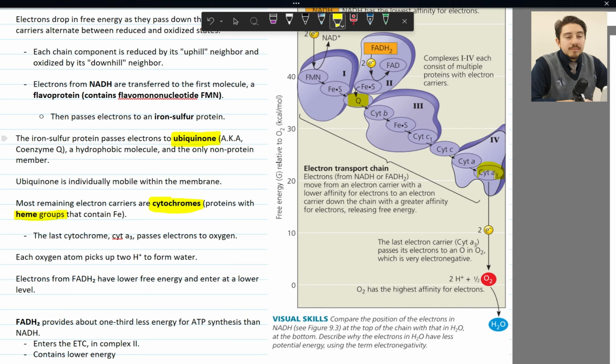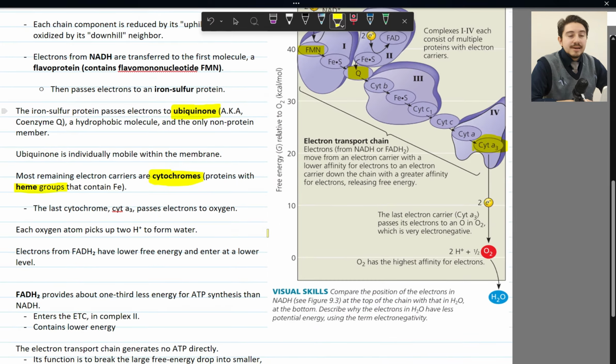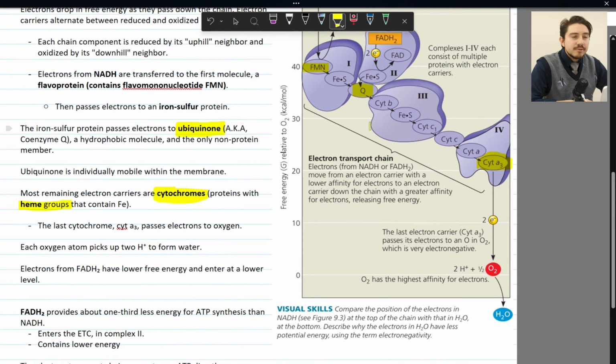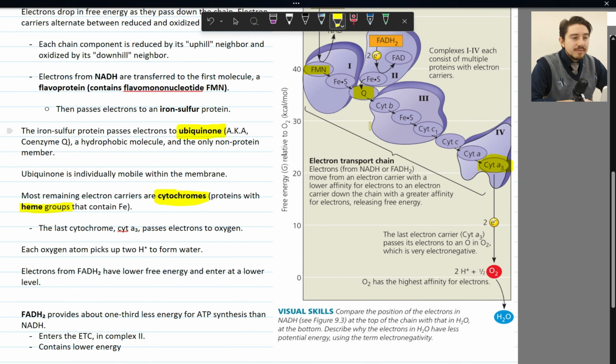Ultimately, and this is probably one that you need to remember, if you're an AP student, you don't need to memorize every single detail here. Maybe just the beginning, ubiquinone, and cytochrome A3, which is the last carrier before passing electrons down to oxygen. Each of them has distinguishing characteristics that go a little bit beyond the scope of what you need to know, even for undergraduate biology.